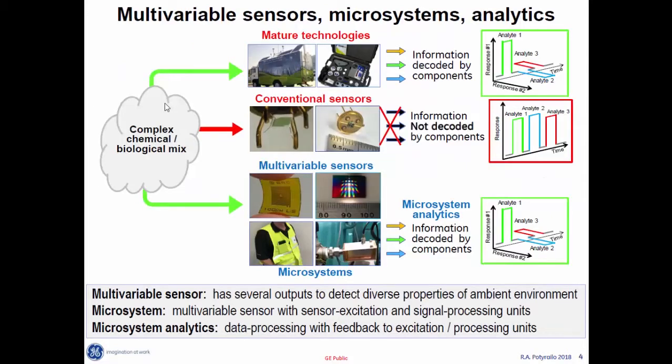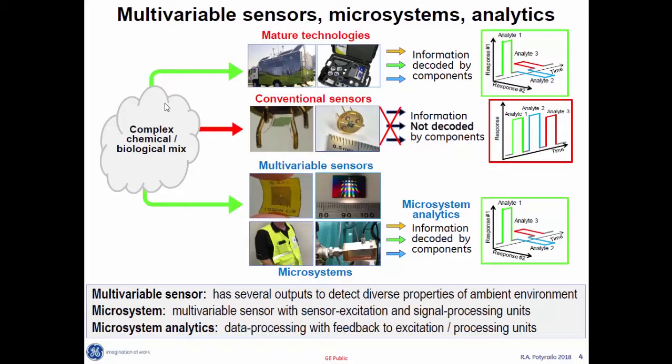So if we have the complex matrix, either chemical or biological, as you saw on the previous slide, these are the big instruments that are doing the job. They're pushing the responses from different components in the mixture in different directions of your multivariable response of your device. Conventional sensors, we are using a lot of those.